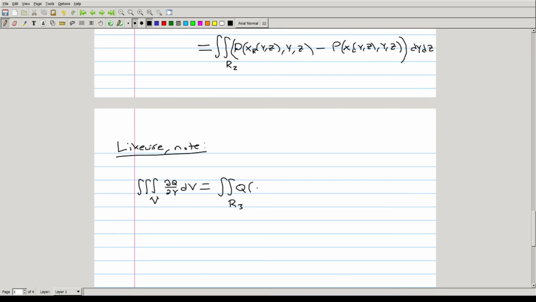So it's Q of x, y_front of (x, z), comma z, minus Q of x, y_back of (x, z).